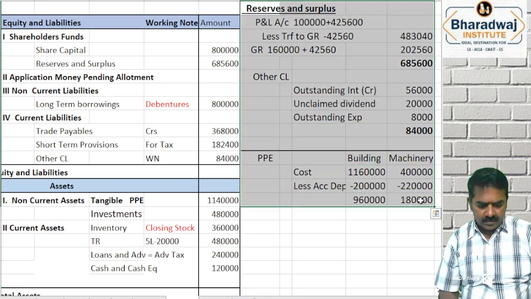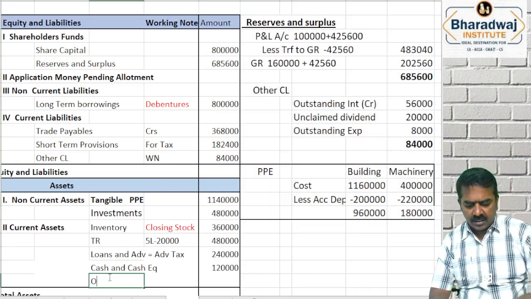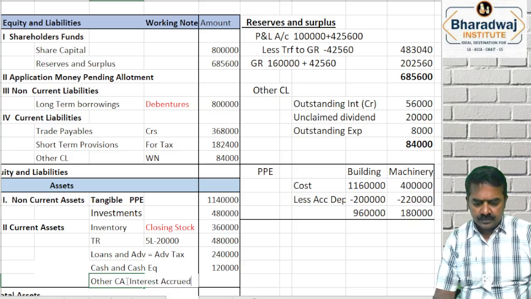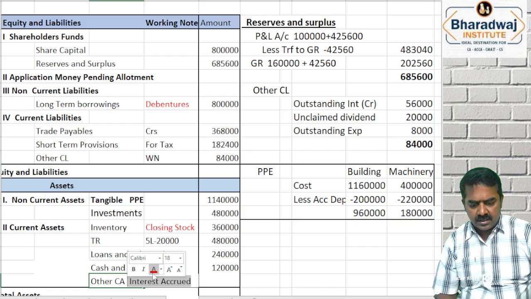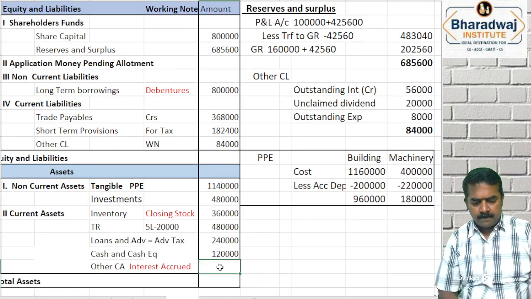Interest account. Yes. Other current assets, nothing but interest accrued. Interest accrued is on the debit side. Interest earned but not received. How much? 8,000, sir.